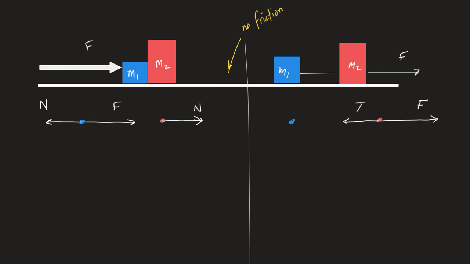I'm saying that because the blue box must be experiencing an equal and opposite force this direction. The tension acts to pull the blue box to the right. And these two forces must constitute a Newton's third law pair. They are equal but opposite forces that exist through the contact point between the two boxes, the string.